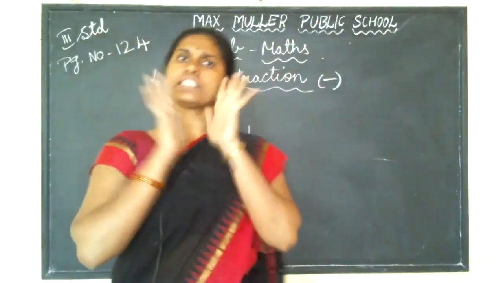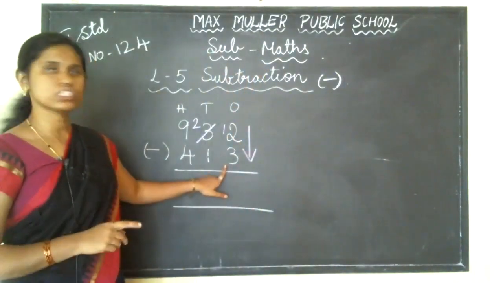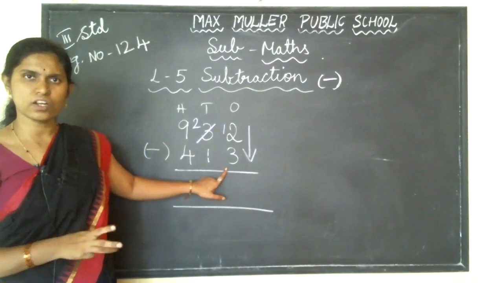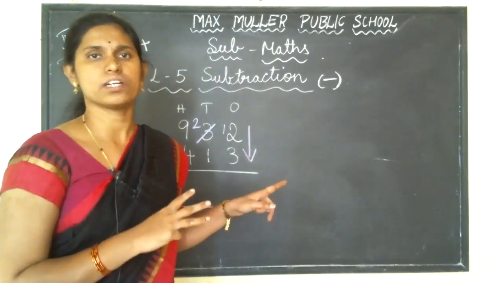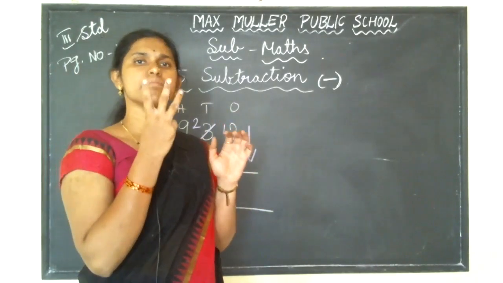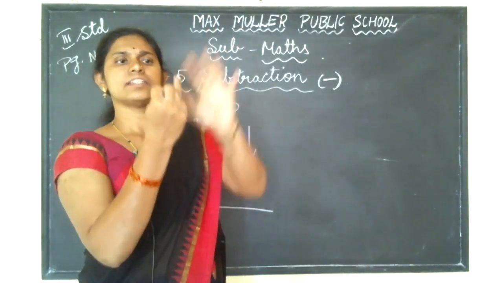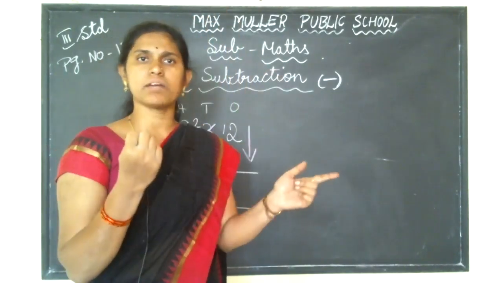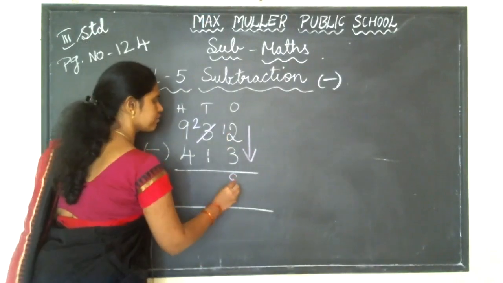No, we have only 10 fingers. So what are we going to do? The number which is here, 3. Keep 3 and start counting backwards. Here, 12, 11, 10. The next number is 9. So you have to write the number 9.